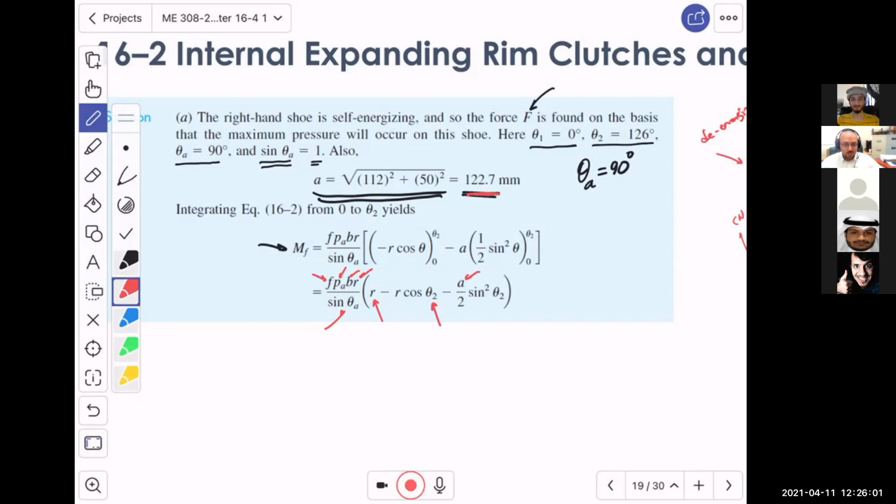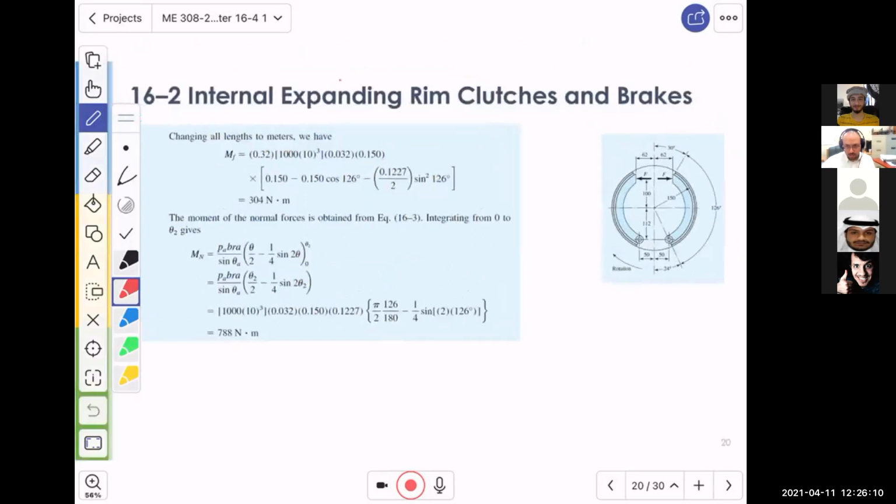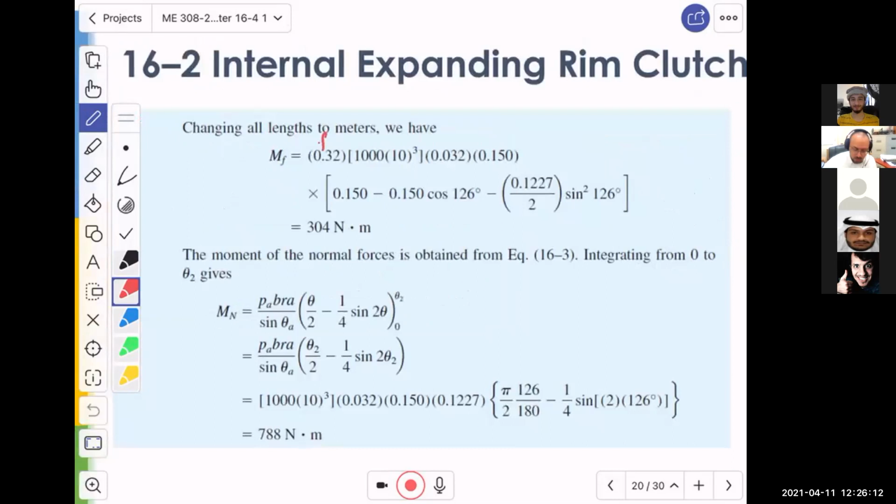The only thing you need to worry about is that you should be consistent with the unit. Here it's been substituted as follows. This is F, no unit. This is PA in Pascal. It is 1000 kilopascal, that's why we multiplied by 1000. Then we have the shoe width, which is 32 millimeter, so it becomes 0.032 meter.